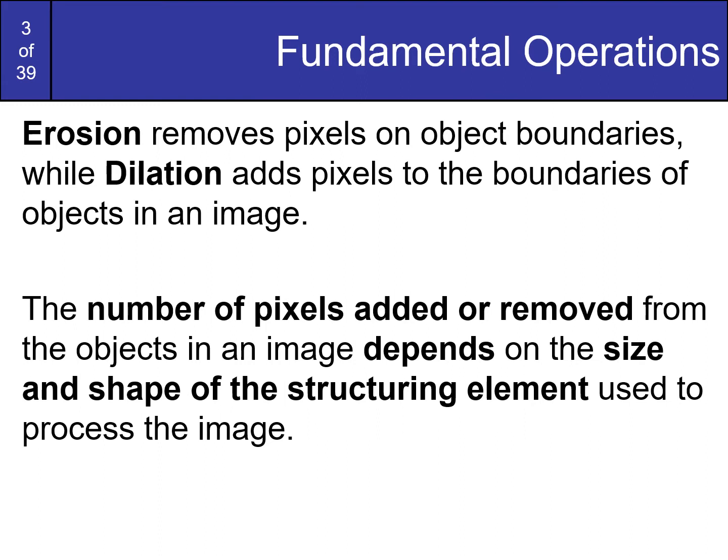The number of pixels added or removed from the objects in an image depends on the size and shape of the structuring element, which we have learned before. And we know that this structuring element can have many forms, from squares to cross, to diamond shape, to lines, and so on.